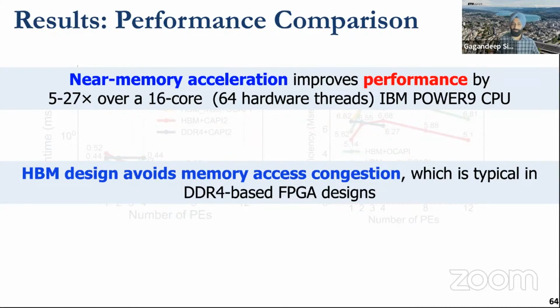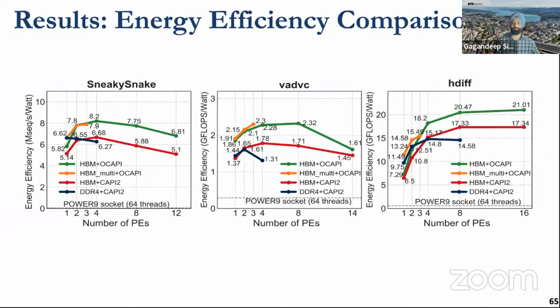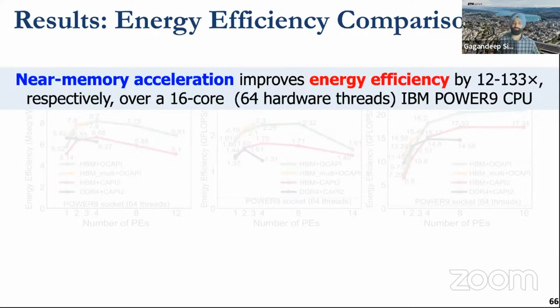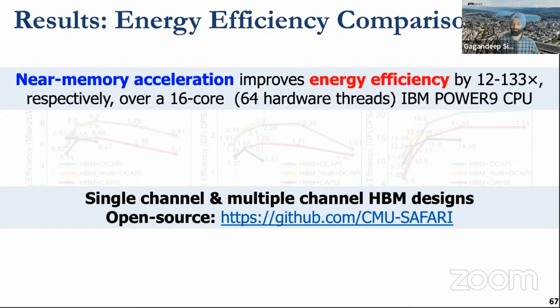As I discussed before, these HBM-based designs can avoid memory access congestion, which is typical of DDR4-based FPGA designs. We provide many more results on energy efficiency analysis, and in the end we show we can get up to 100x better performance compared to CPU-based systems. We also open source our design for both single channel and multi-channel designs.